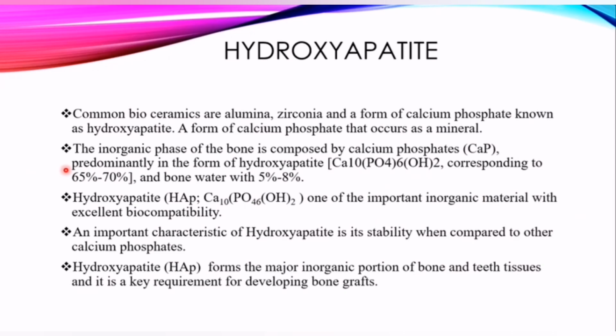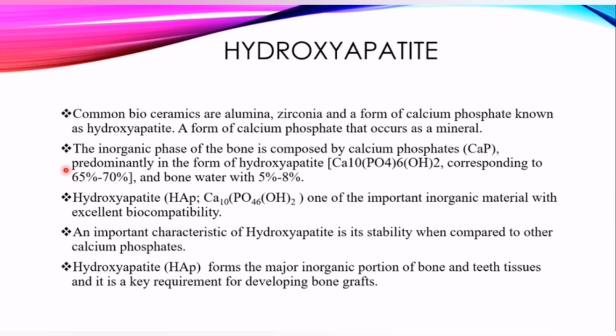Hydroxyapatite is one of the most important materials, with excellent biocompatibility, affinity for biopolymer, and high osteogenic potential. An important characteristic of hydroxyapatite is its stability when compared to other calcium phosphates.